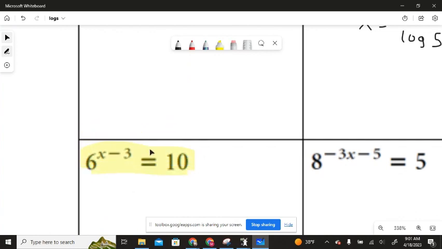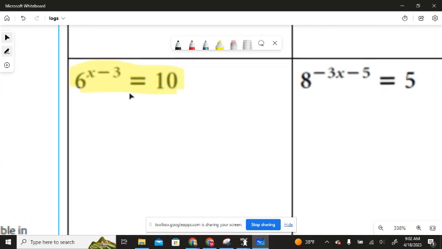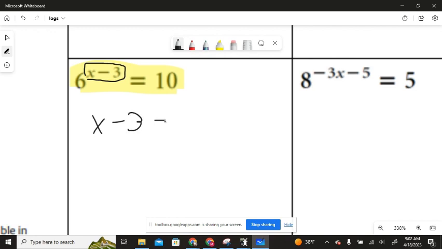Same steps as before. We got this time a whole lot more jazz popping off up here. Now, keep in mind, when we do our trick with the log, that is giving us this exponent. So x minus 3 is our exponent that we're going to get when we take the log of our answer, 10, and divide it by the log of our base, 6.